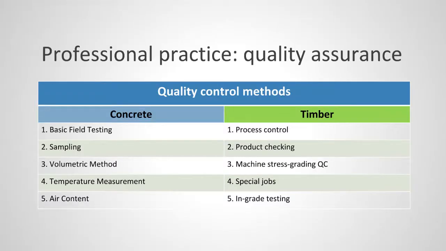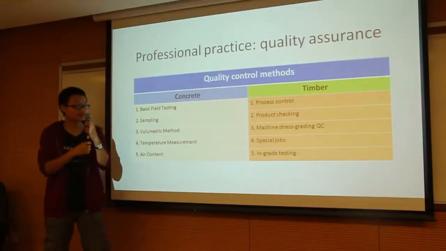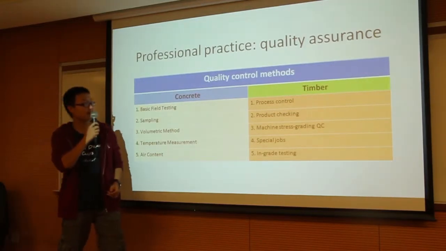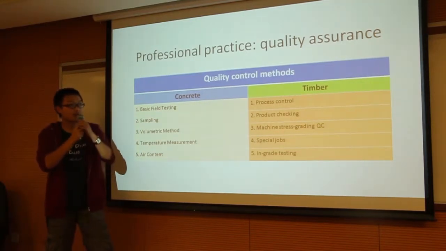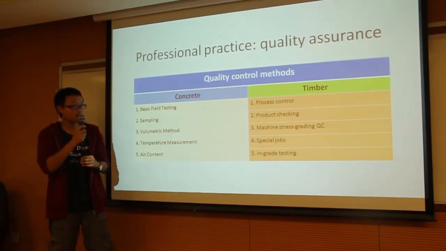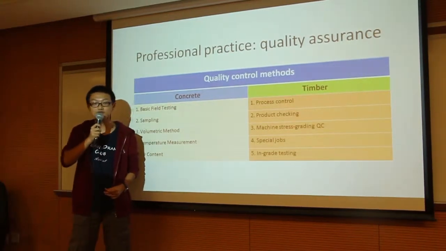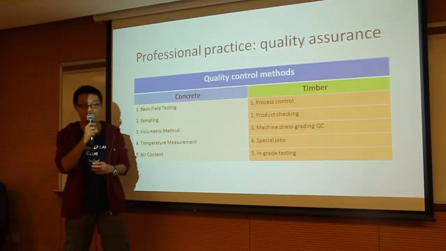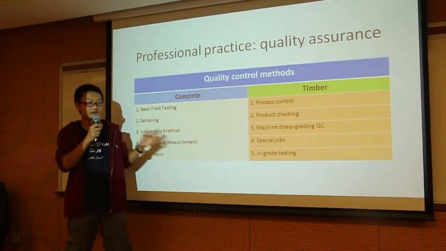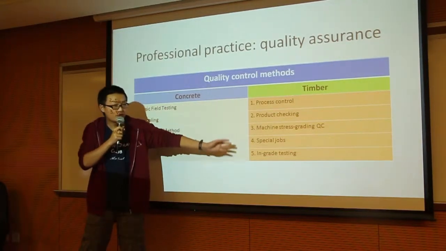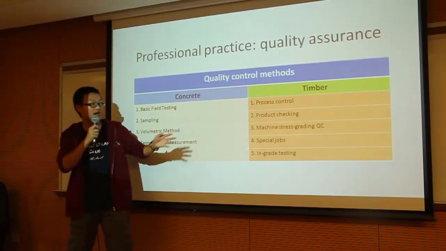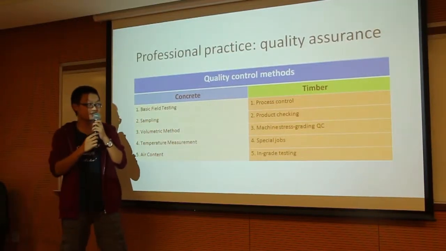Last but not least, the third part of the professional practice is quality assurance. Actually, this can be the most important part of the professional practice, because only when you have ensured and estimated the good quality of materials can you say that you have finished the materials usage. And for the quality control methods, different materials have different methods, and within these methods, you should choose the proper ones in order to measure in a specific situation.